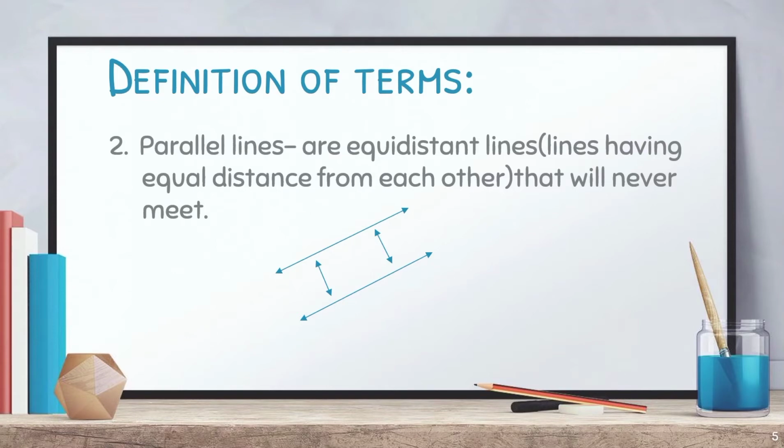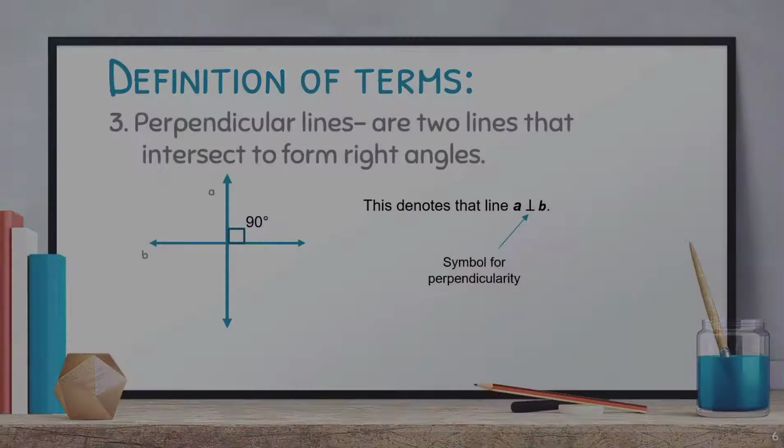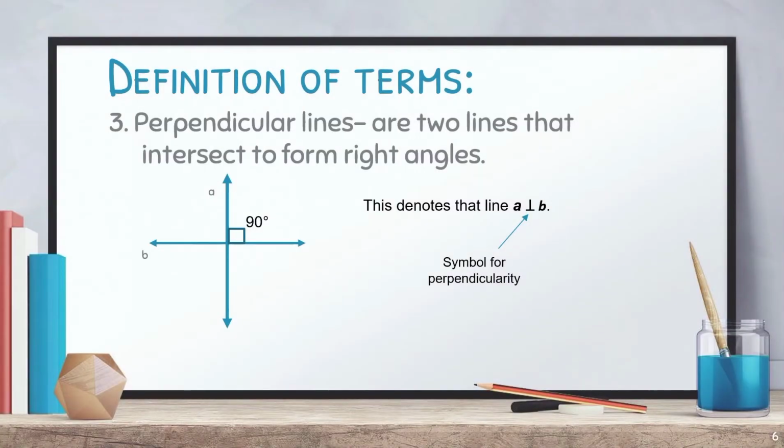What are parallel lines? Do you still remember this? Of course, these are lines that are equidistant from each other and will never meet no matter how we extend them. Another term that we have to remember are perpendicular lines. Remember, these are two lines that intersect to form right angles.